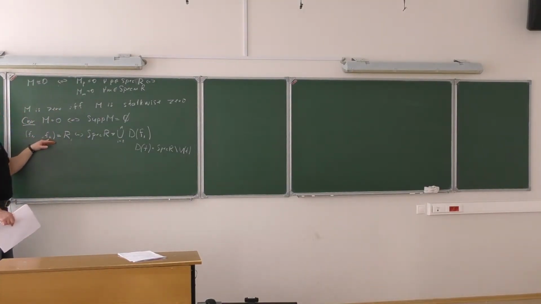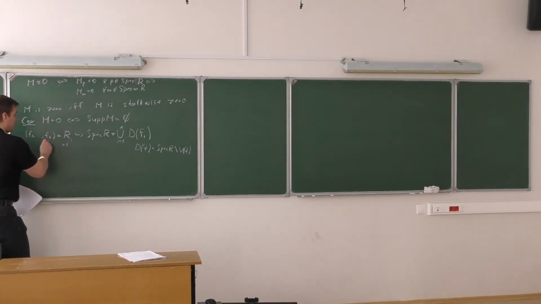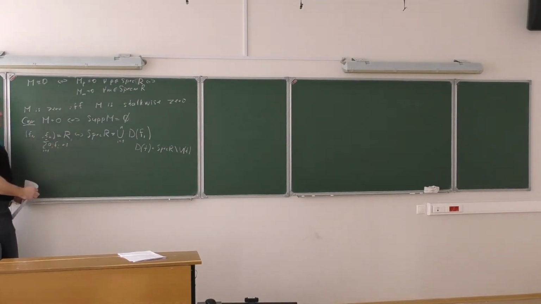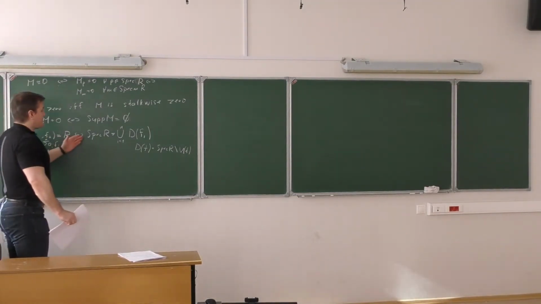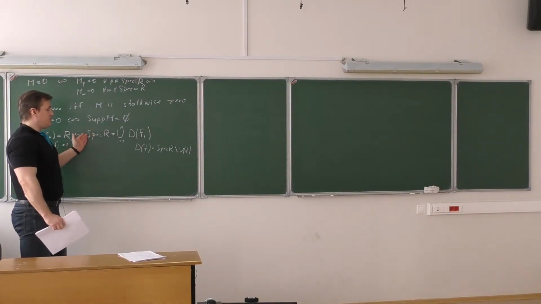Remember, partition of unity from analysis: you have an open cover, and on each of the open subsets a function supported on this open subset, and the sum of all such functions is equal to 1. So here you can think about these functions, and 1 is equal to some sum. In some sense this is an analog of partition of unity, or you can think about this as a covering of the spec by open subsets.